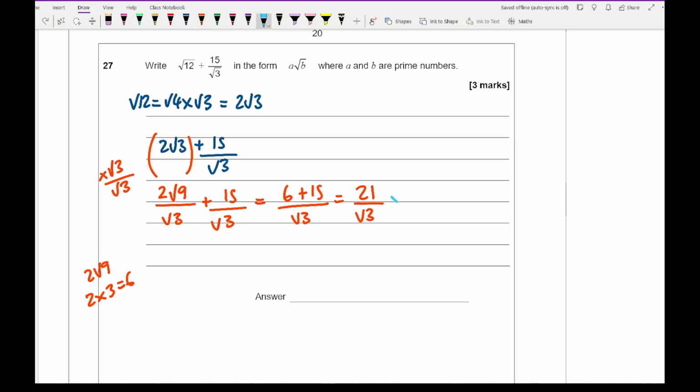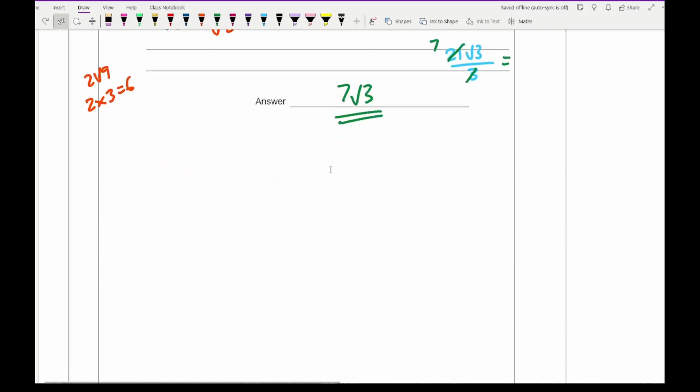Then if I multiply and rationalize the denominator by multiplying by root 3, I get 21 root 3 over root 9, which leaves me with 21 root 3 over 3. I could then cancel the 21 and the 3 to give me 7 root 3, and there is my final answer. And just to double check, a equals 7 is prime and b equals 3 is prime as well.